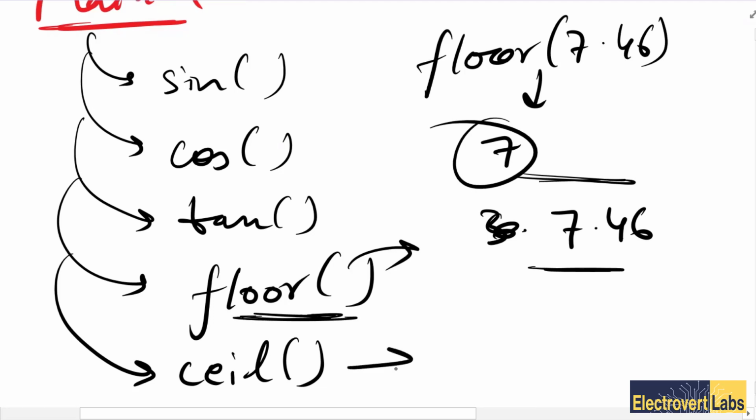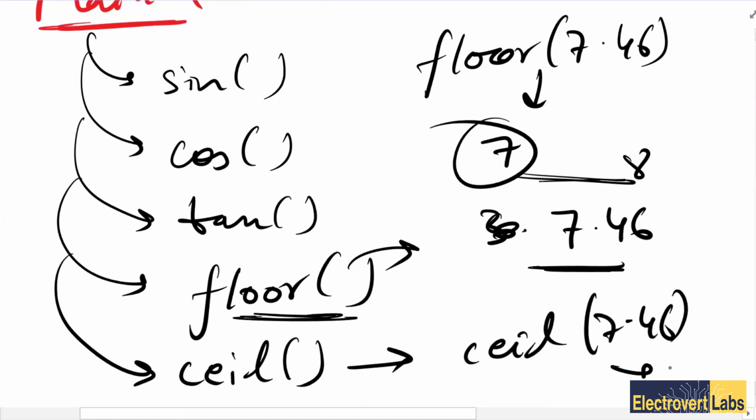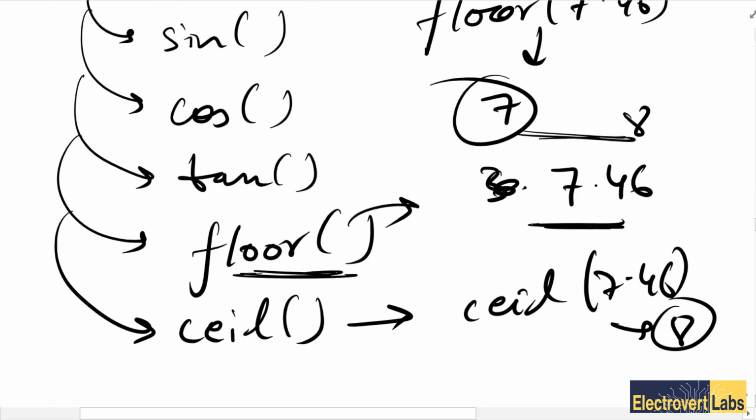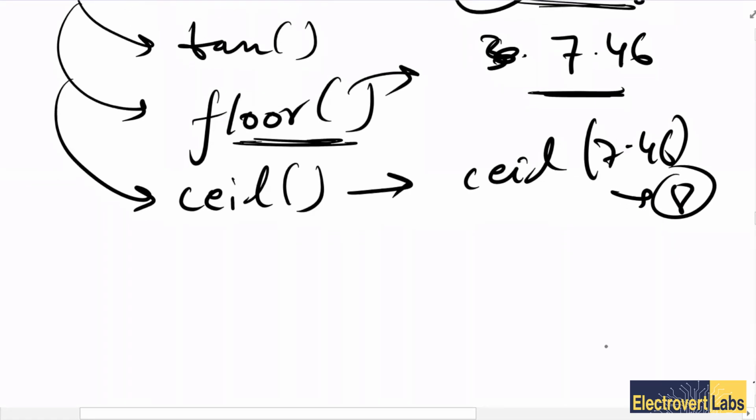And the ceil function, ceil comes from ceiling. So what is the ceiling of 7.46? 8. So if you do ceil(7.46), it will give you 8. So remember that these functions are not rounding off, they are just giving you the upper integer and the lower integer. Just to check whether you have understood it properly, can you tell me the value of floor(-3.1)?